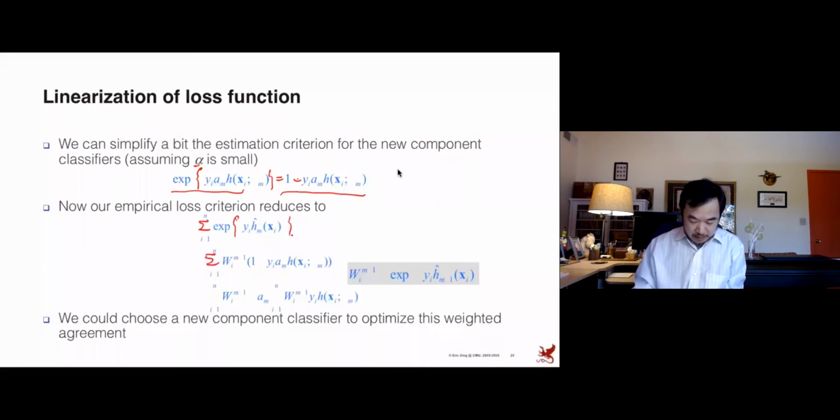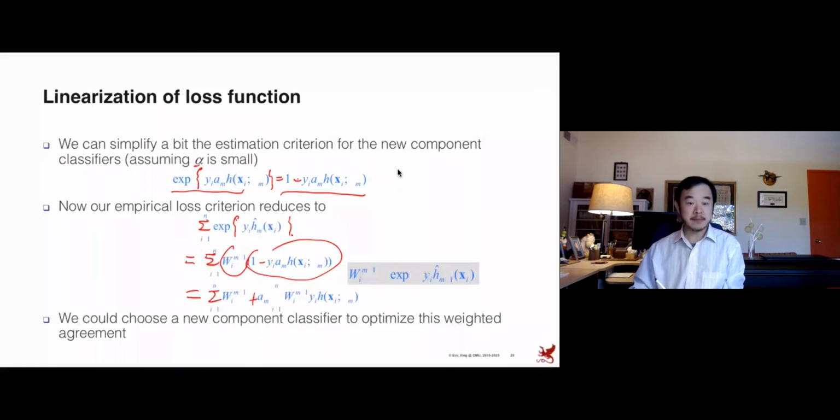Okay, so because of this linearization, when you plug it back into the empirical loss, the terms become a little bit easier to lead to a factorized equation, which is like this. The first term, in the additive form, not a multiplicative form, is just the sum of all the earlier weights.